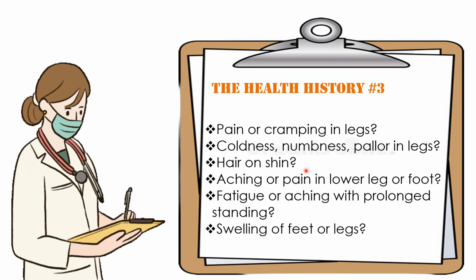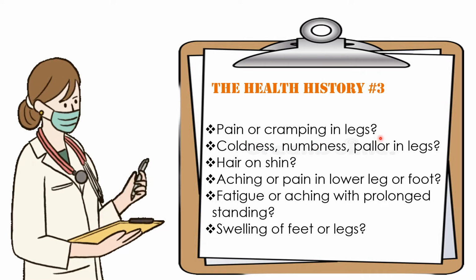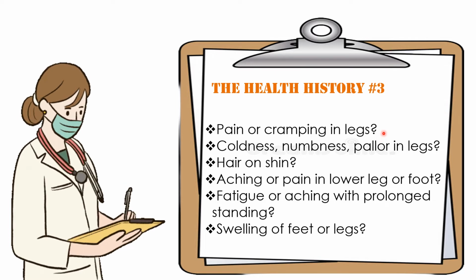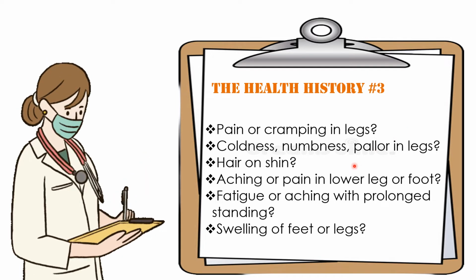Okay, so you may ask the following question: if there is pain or cramping in the legs. If there is, this could be a symptom that is caused by insufficient arterial supply to the legs, which may be caused by atherosclerosis.